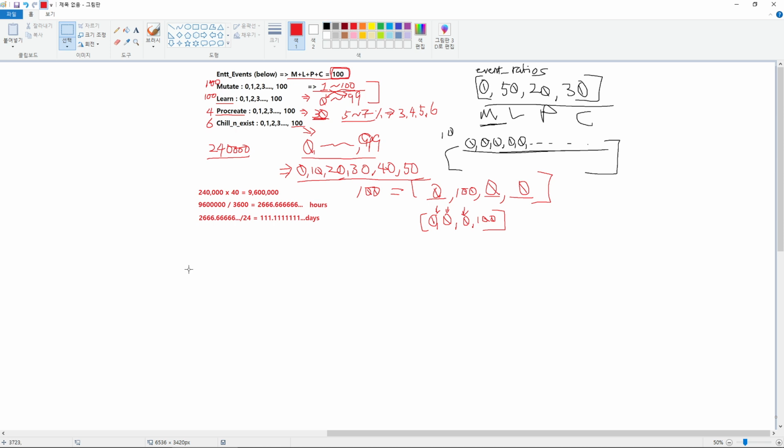But then I remembered that I want to keep everything in such a way that they all add up to 100. And given these two, I could find out the exact combinations that give me 100 total weight.